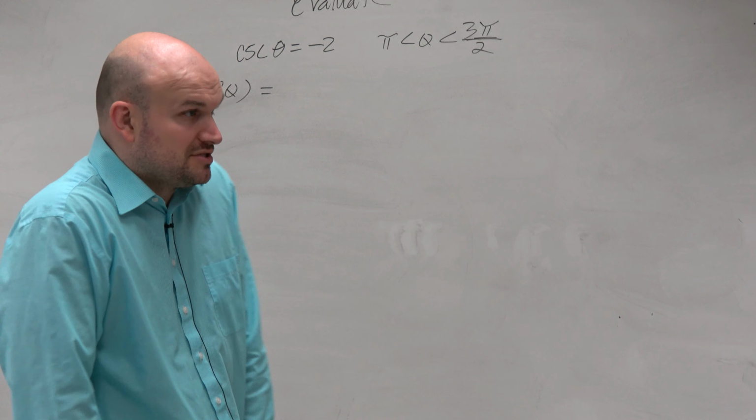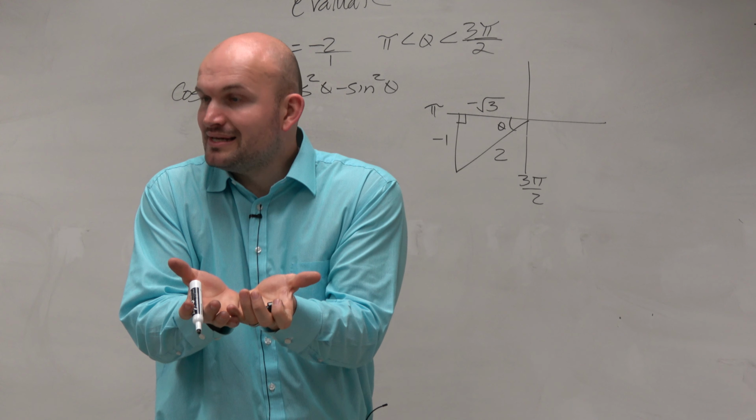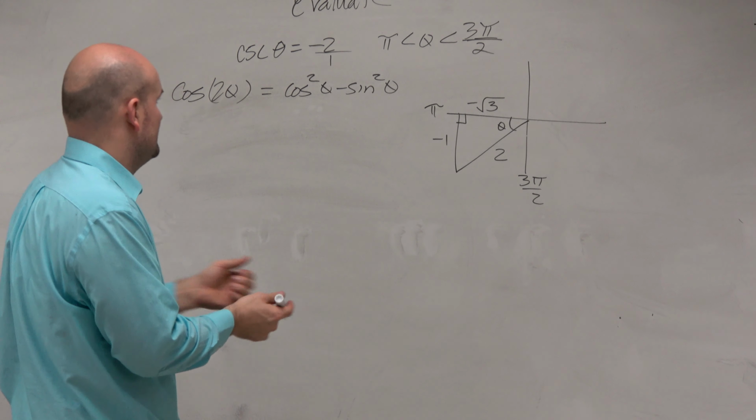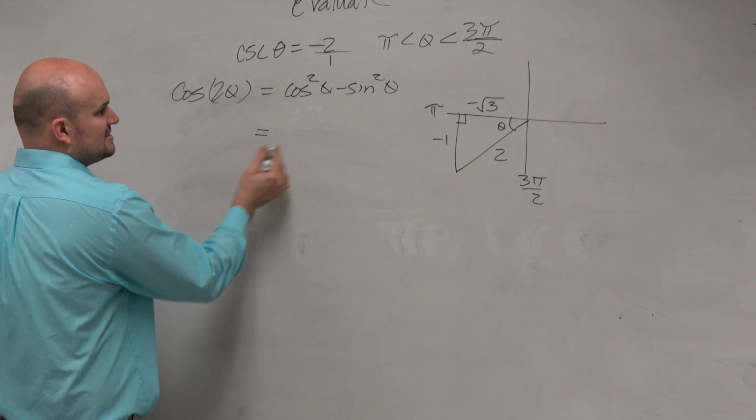Now that we have the triangle drawn, can we figure out what the cosine and the sine of theta are? Yes. So basically all we did was use the information to create a triangle that we can now evaluate for sine and cosine. So the cosine in this case is going to be negative square root of 3 over 2, and then the sine is going to be -1/2.